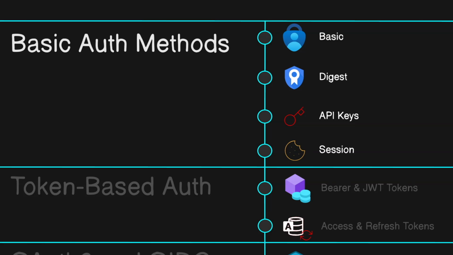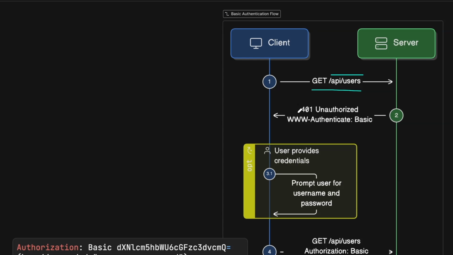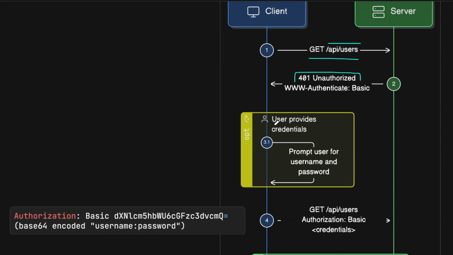Let's start with the very first one on the list, which is the basic authentication flow. This is the simplest form of authentication. Let's say you're making a request to the server to access some resource like /api/users to retrieve the user data. You will first receive an unauthorized response because you didn't provide the credentials. So we prompt the user or the service to provide credentials before accessing any resource on the server.